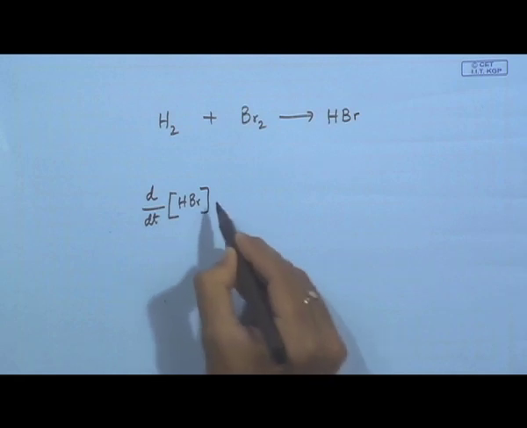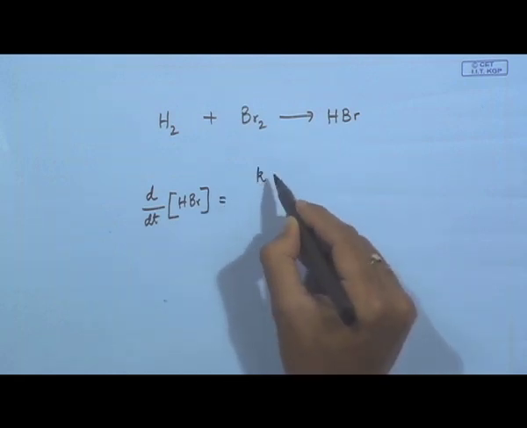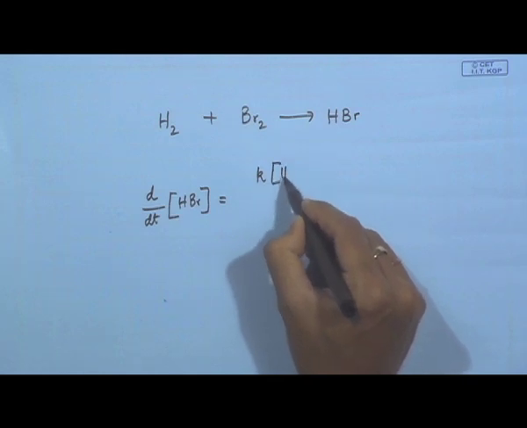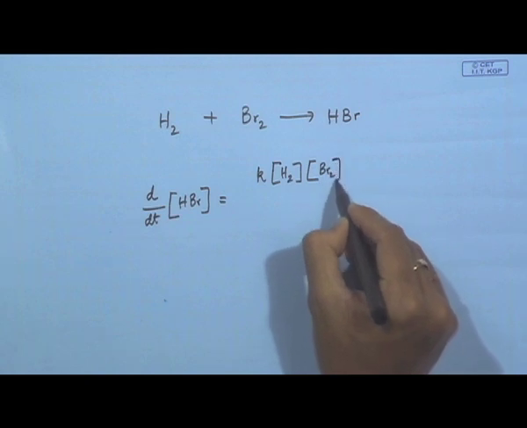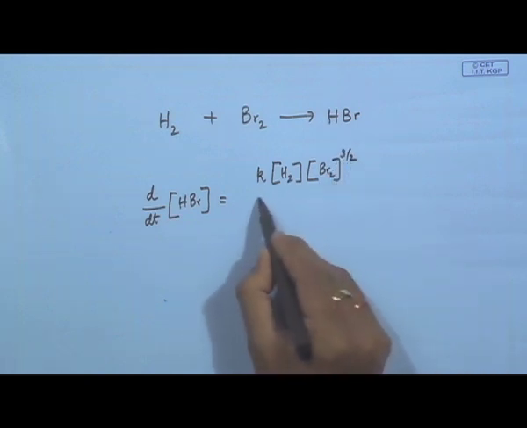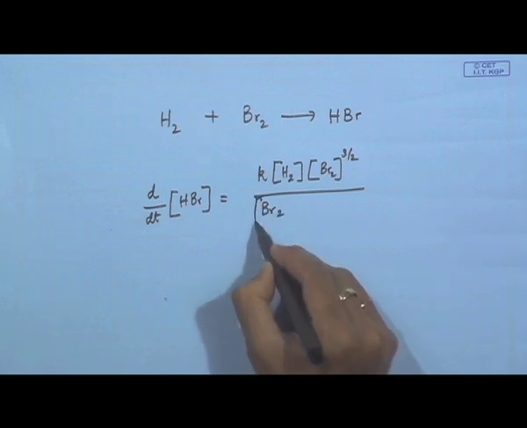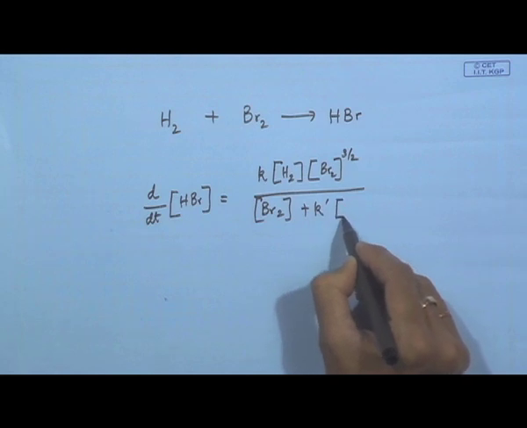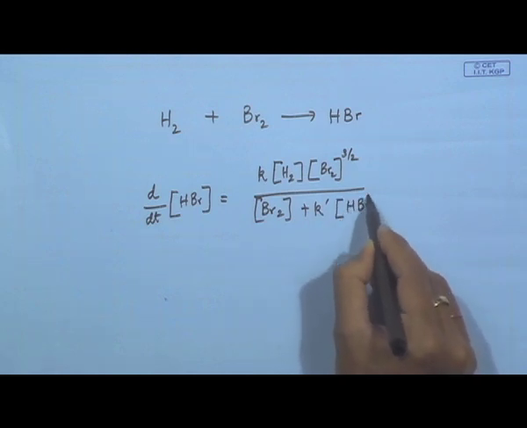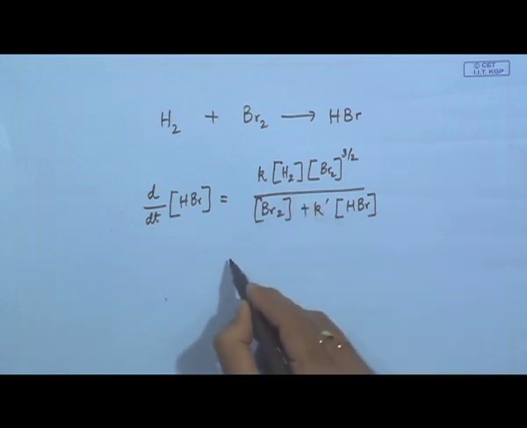So, d[HBr]/dt, the rate of production of HBr, is equal to some constant k times [H2][Br2] to the power 3 by 2, divided by [Br2] plus another constant k primed times [HBr].